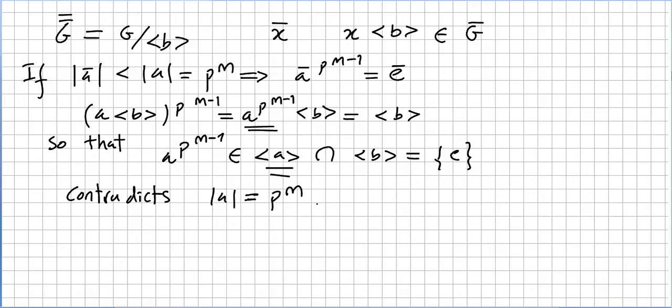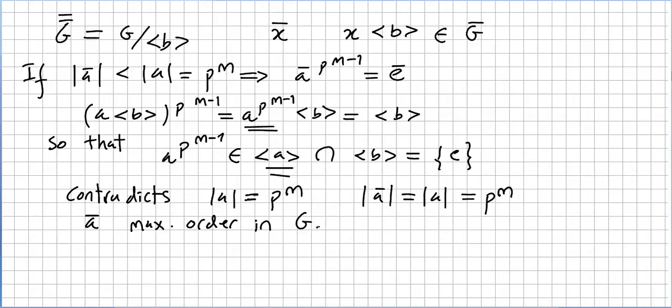So the order of A bar is equal to the order of A and is equal to P to the power of M. And so we can say that A bar is an element of maximal order in G bar.